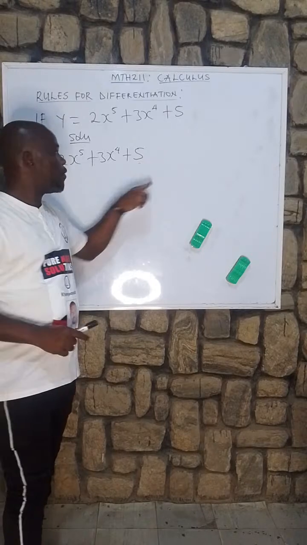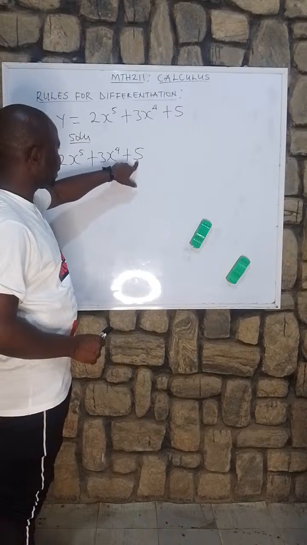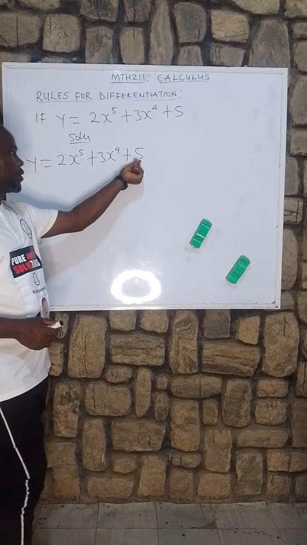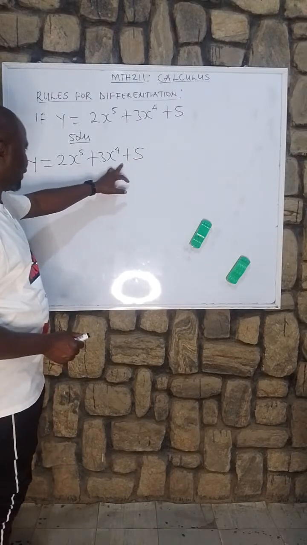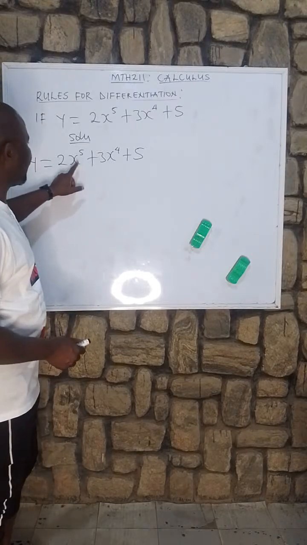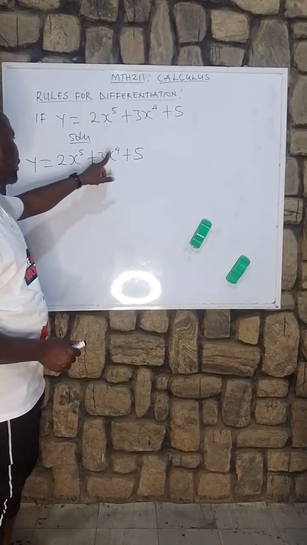Take note, very important. I know some of you want to ask, why is this 5 a constant? The reason why it is called a constant, you can see that in this function, we have the independent variable attached to this, which is x raised to the power of 5, the same thing.